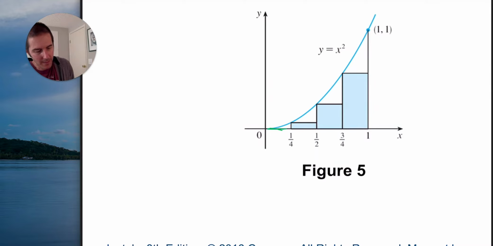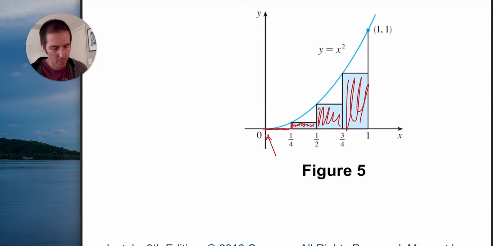Remember that the height of this rectangle, not as good in green as it was in red, is defined by f of x sub 0. And the left-hand edge of the next rectangle was defined by x sub 1, x sub 2, x sub 3.